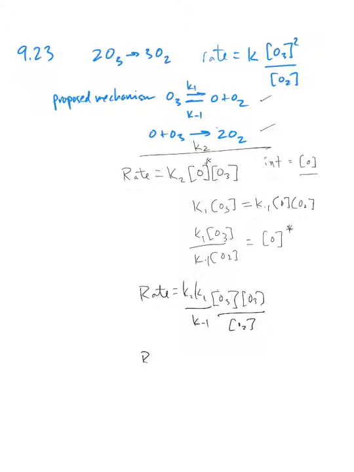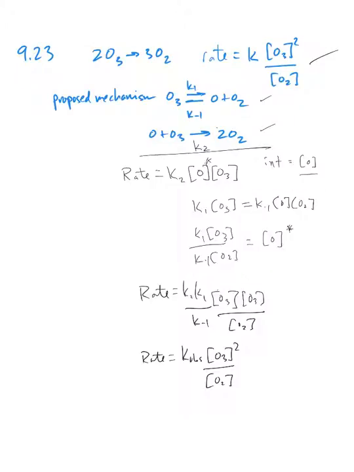And I could re-express this as an observed rate constant times ozone squared over oxygen to the first, which mimics what we were given in the original part of the problem.